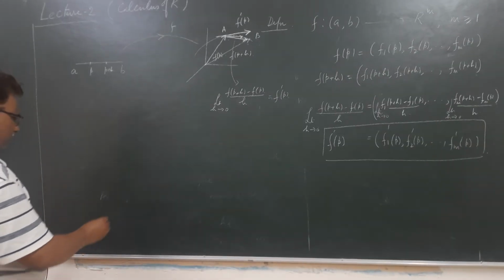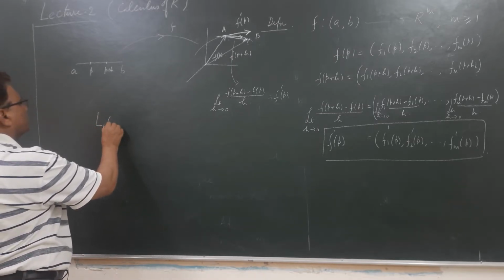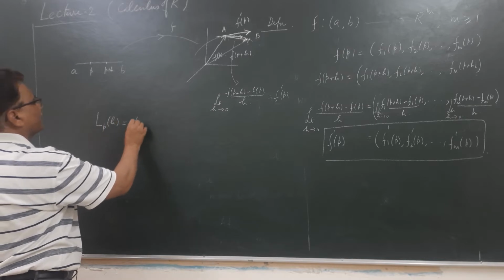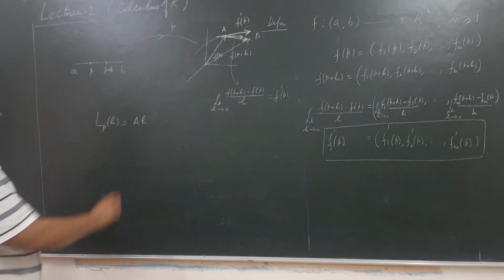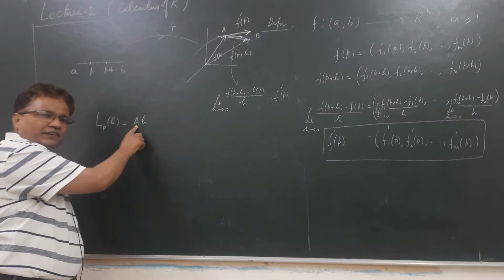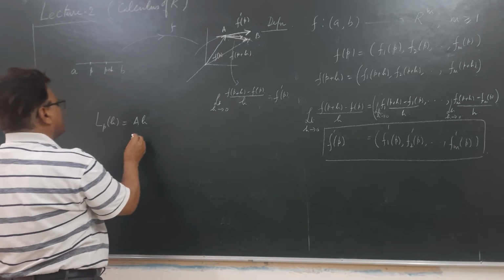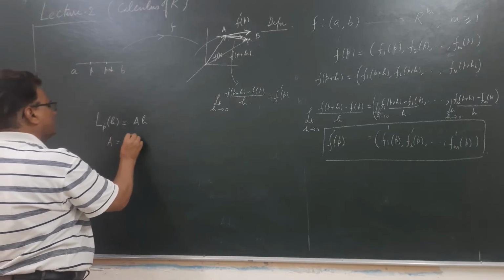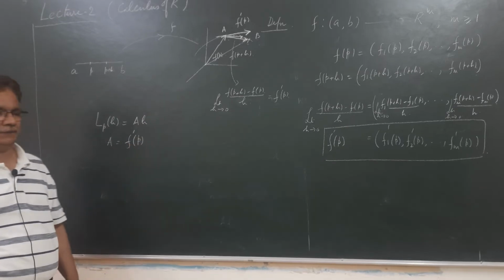Alright, so what I was talking about was the linear map LPH, which is in fact A times H. Last time we noticed that this A is actually the derivative. You can check that A is in fact f dash p, the vector f dash p.